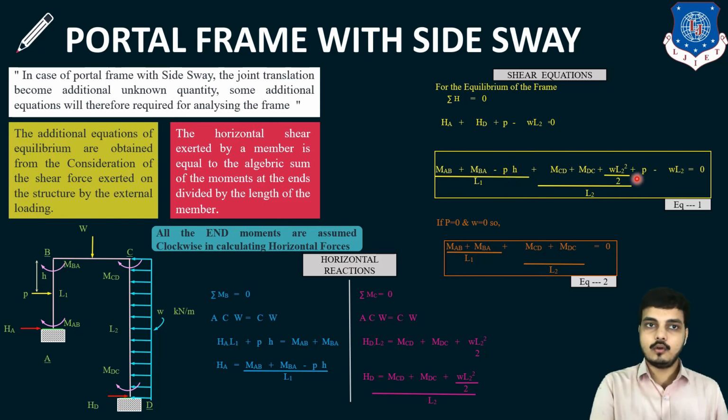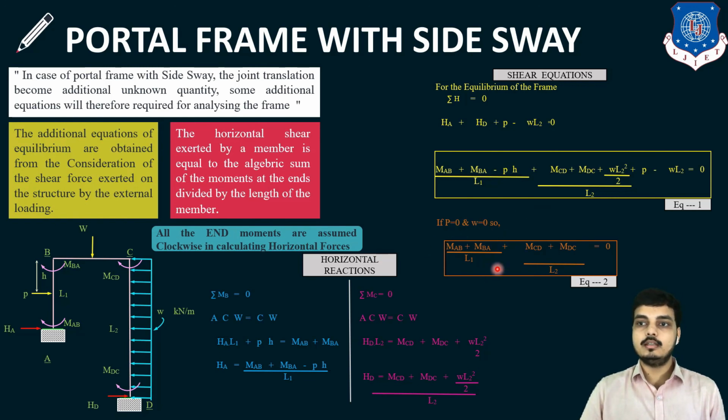So for different kinds of loading, we have to form a different shear equation. Or let's say there is no horizontal loading. So for that P equals 0 and W equals 0, so in the equation the P and W terms are gone, and ultimately the equation comes to this. So for different kinds of loading, we have to form a different equation. So this was the total frame with side sway.